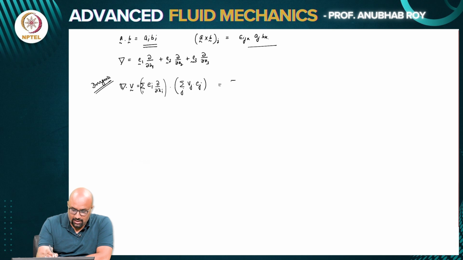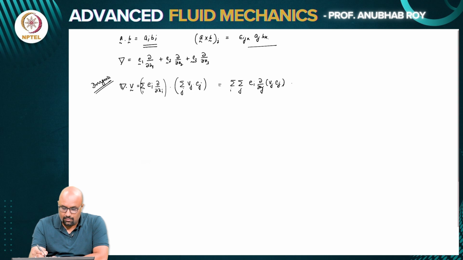So if I take my i and j summation outside, I have Ei dou xj Vj Ej. So the derivative, sorry, this would be still in the ith direction. So this is a derivative along the ith direction which is acting on the vector whose components are written in the form of indices Vj, Ej.